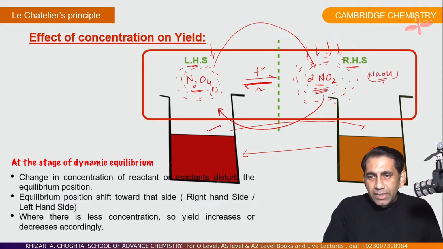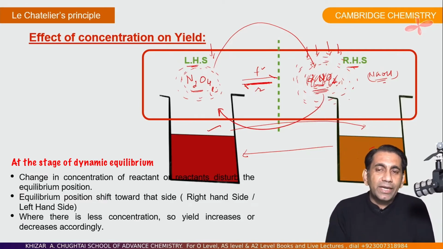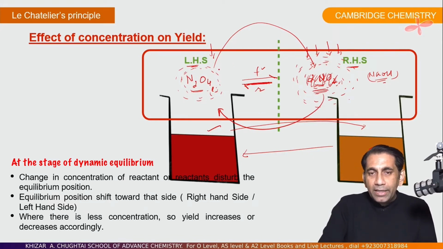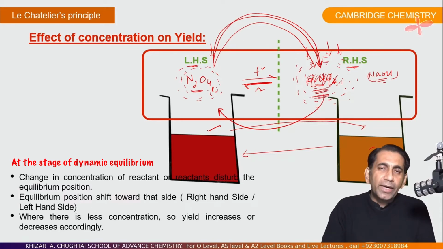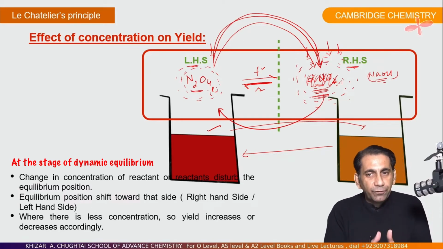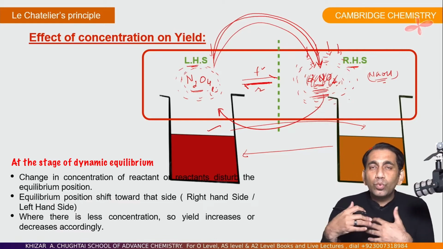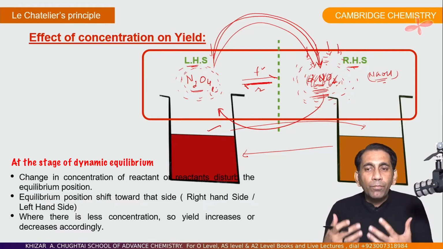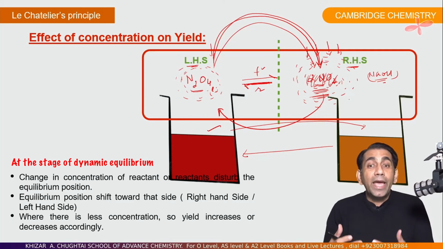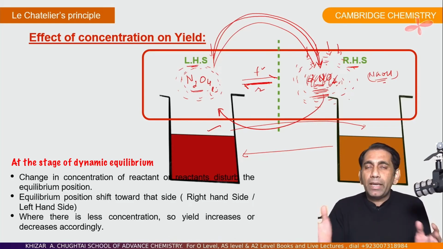Same is the case if I'm adding any species like NaOH. NaOH is an alkali and it will consume all the nitrogen dioxide gas. For example, we have consumed all the nitrogen dioxide gas that was formed at the stage of dynamic equilibrium. Then again, this equilibrium will shift toward the right hand side to compensate for the lost quantity of nitrogen dioxide, to make more nitrogen dioxide and to attain the dynamic equilibrium again.